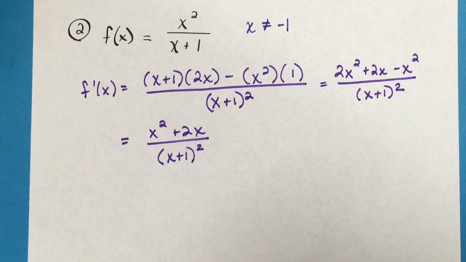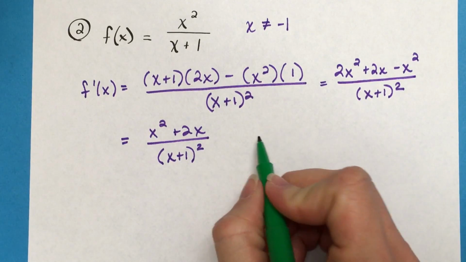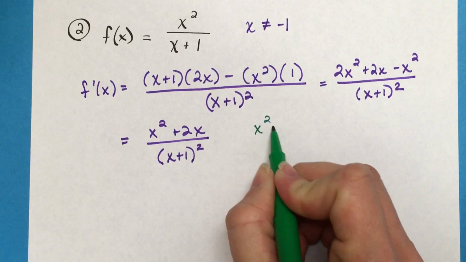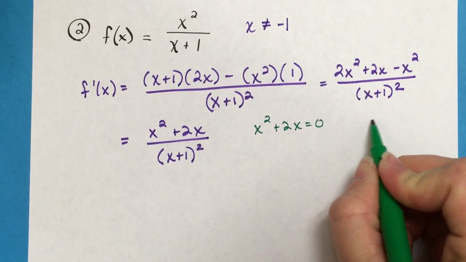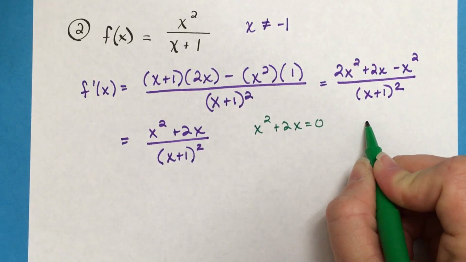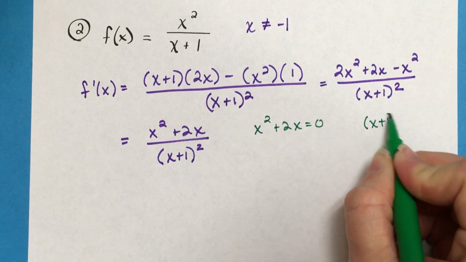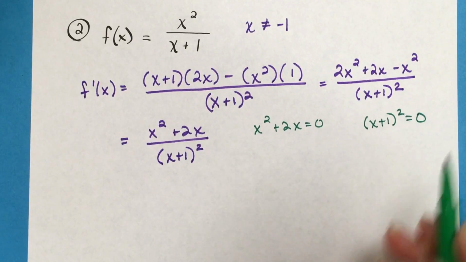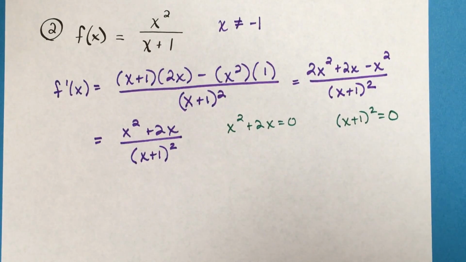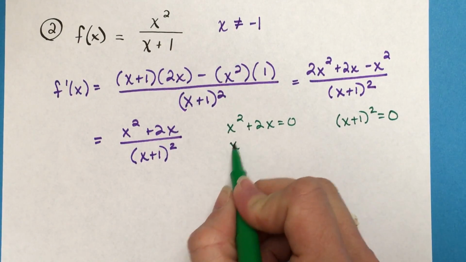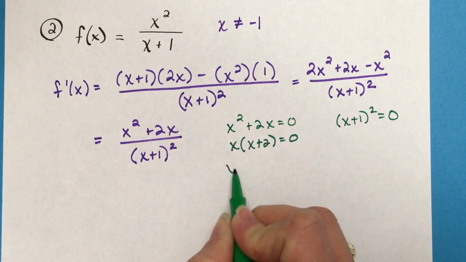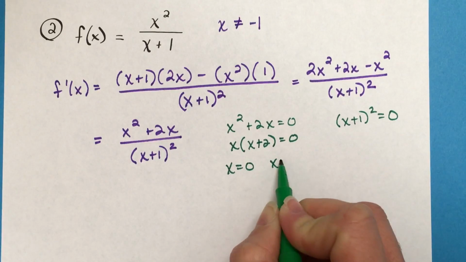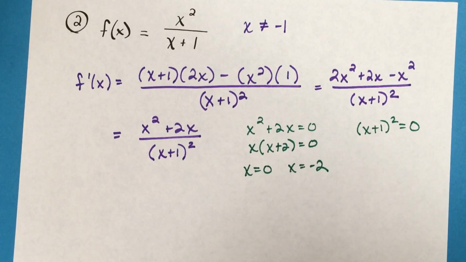So set your numerator equal to 0, and set your denominator equal to 0. Okay, so solving this, you would factor out an x. So therefore, you'll have x equals 0 and x equal -2.